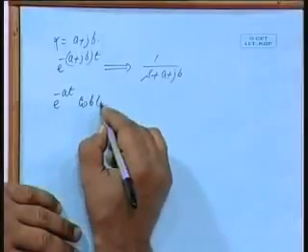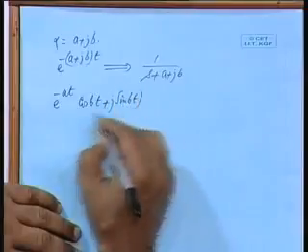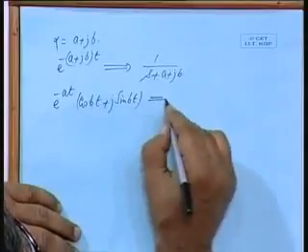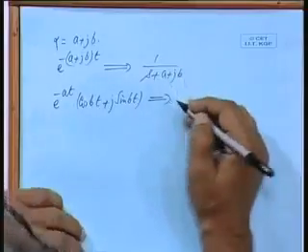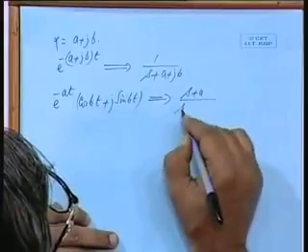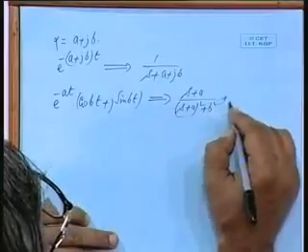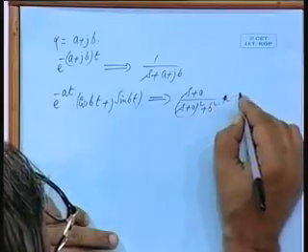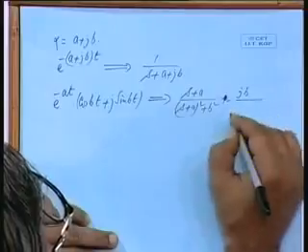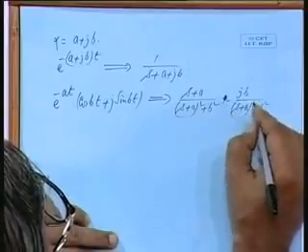Cosine b t plus j sine b t. Okay. So on this side if I separate out the real and imaginary parts, it will be s plus a by s plus a whole squared plus b squared minus j b by s plus a whole squared plus b squared.